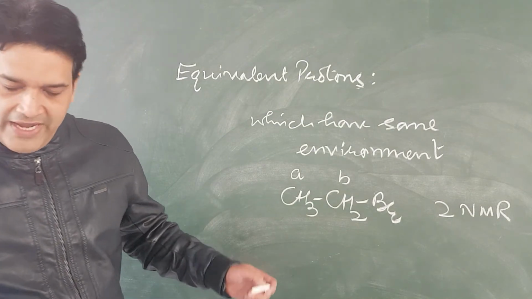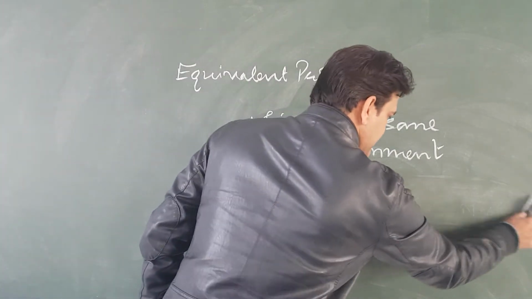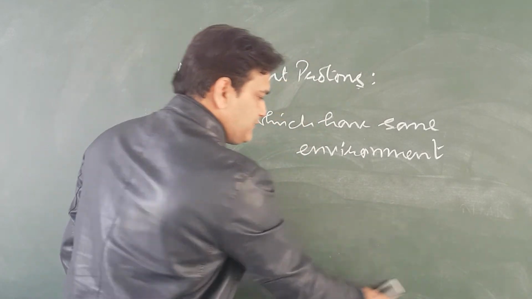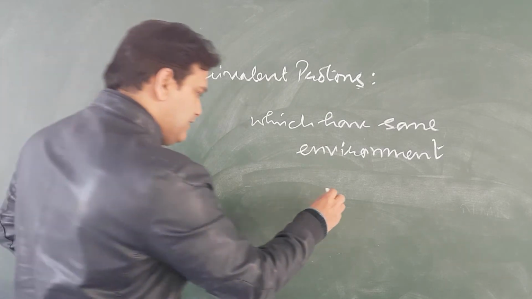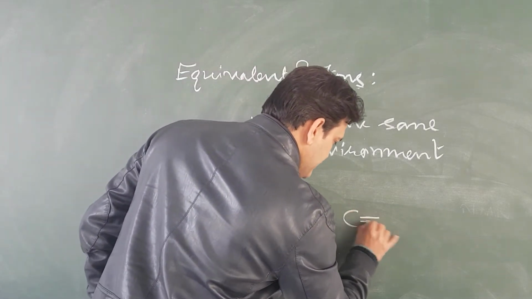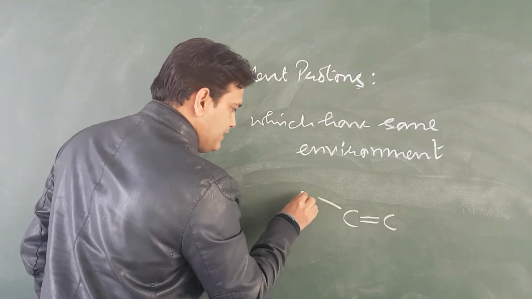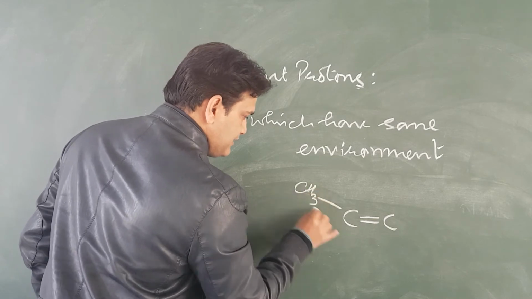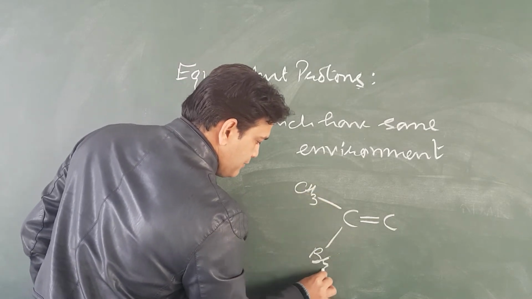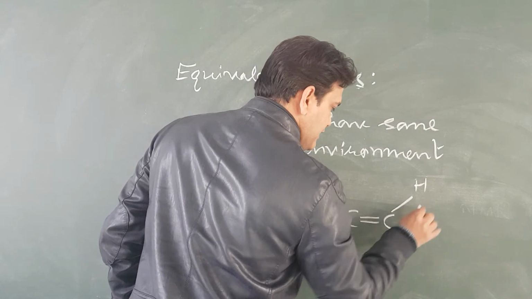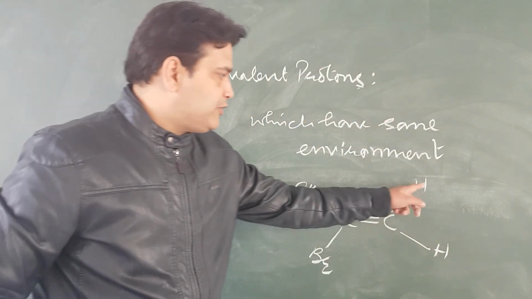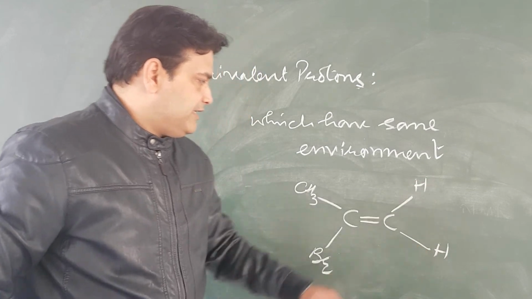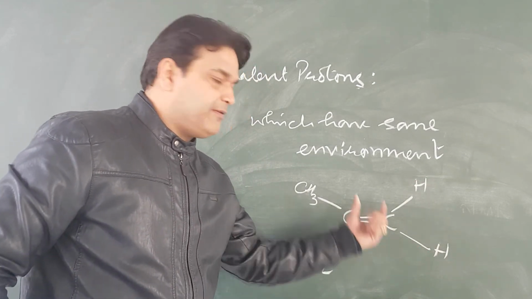But very special care should be taken when we have double bonds, like C double bond C, this is CH3, Br, H and H. These two H atoms are separated by a double bond.